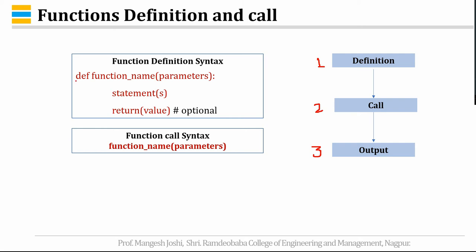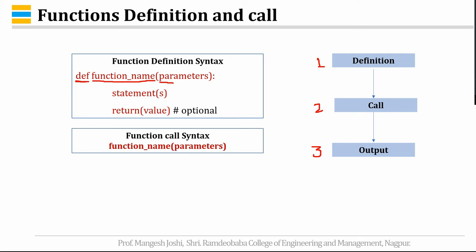It is preceded with the def keyword, then followed by a function name. You can give any function name other than keywords, so you cannot give a function name with def, as this keyword is already available.